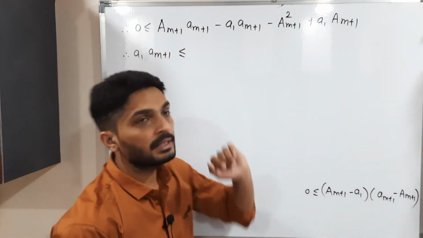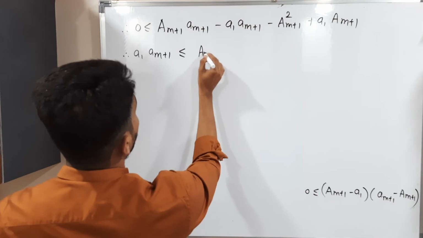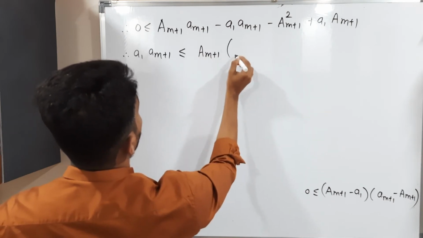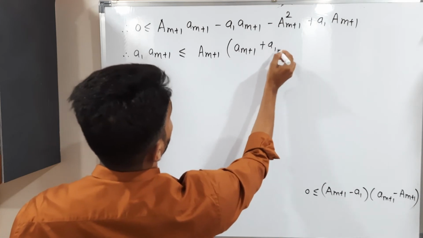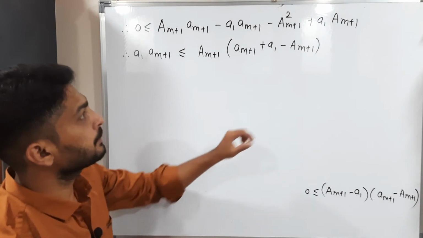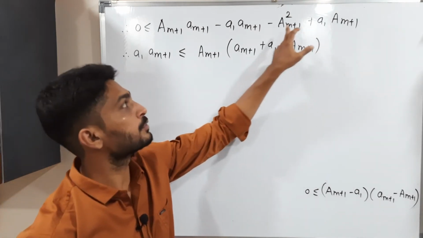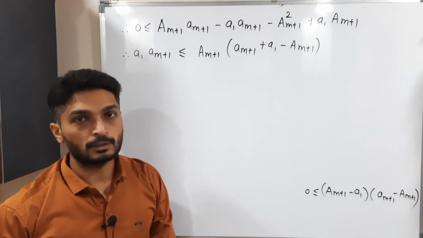From the remaining terms, I am going to take a(m+1) common. So therefore, a(m+1) in bracket A(m+1) plus a1 minus a(m+1). That capital A(m+1) I have taken common, so there were two terms. So if you take common, we will have simply a(m+1).